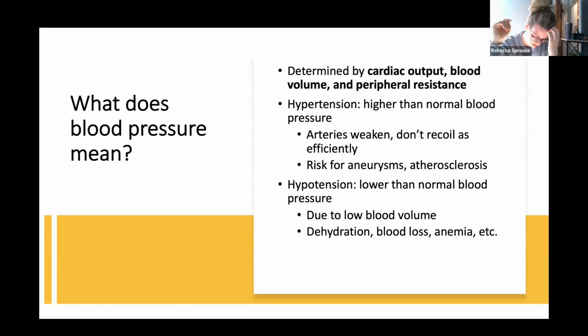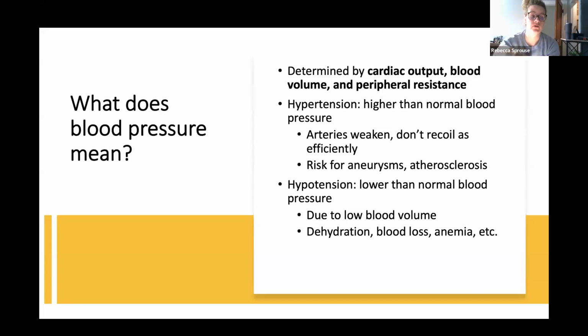Aneurysms. If we're talking about the anatomy of a blood vessel, an aneurysm is like a bulging in the arterial wall. And so if we have that bulging in the arterial wall, that's due to loss of elasticity. That wall becomes thinner and weaker, and you are at risk for that wall tearing. And then atherosclerosis is another problem.